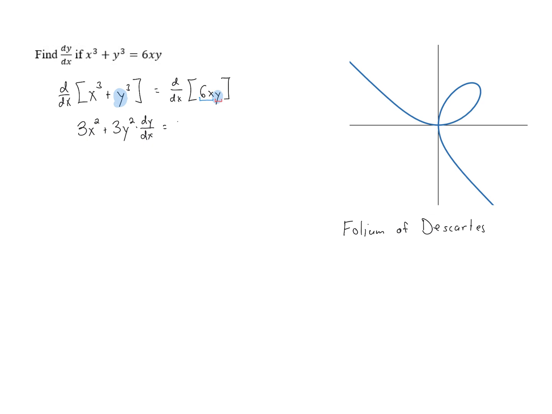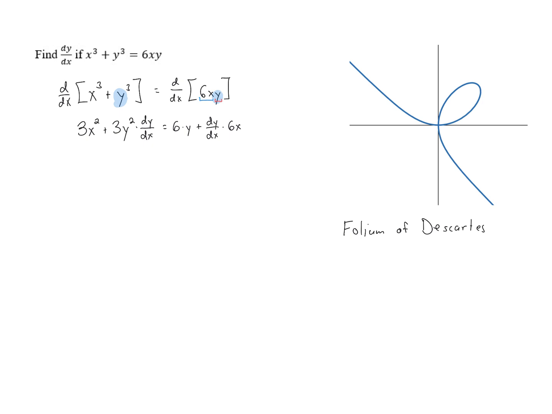So the derivative of 6x is 6 times the second, which is y, plus the derivative of the second factor times the first. Well, the derivative of y with respect to x is written dy over dx times that first function, which is 6x. So we've done the first step, differentiating both sides with respect to x.